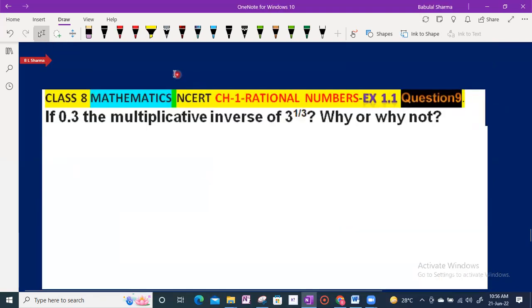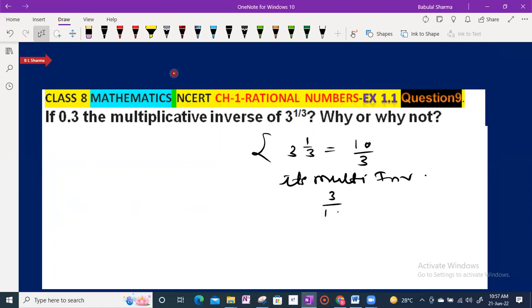Next, that is 3 1 by 3. We can write 10 by 3. Its multiplicative inverse, meaning reciprocal, will be 3 by 10. And 0.3, when you remove its decimal, that is also 3 by 10.